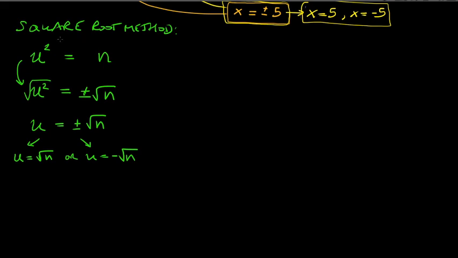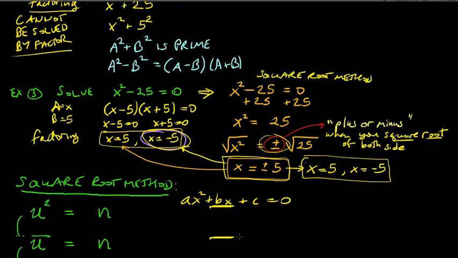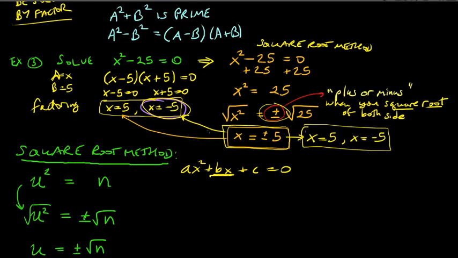However, for this to work, right, remember when you have a quadratic equation in standard form, notice that in both of these examples here, there's no x term. We don't have x squared plus 6x minus 25, right? We don't have bx. In other words, b is 0 here.